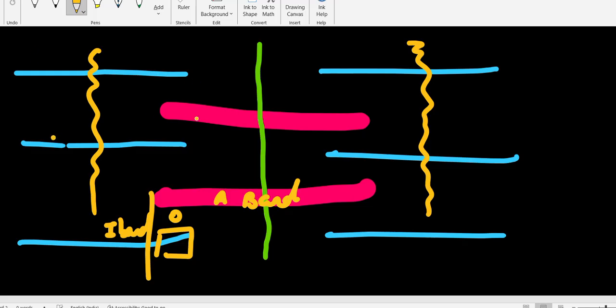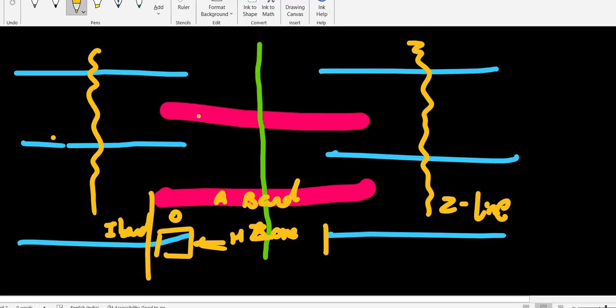Okay? Then the part which is not covered, this we call it as H zone. I hope you are clear, right? And this is Z line. Okay. Now you only think that just now I said myosin is so heavy that it cannot move. So who will be moving during the contraction? Only and only actin will move.